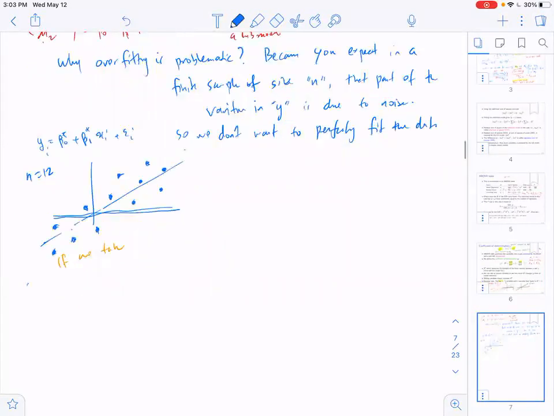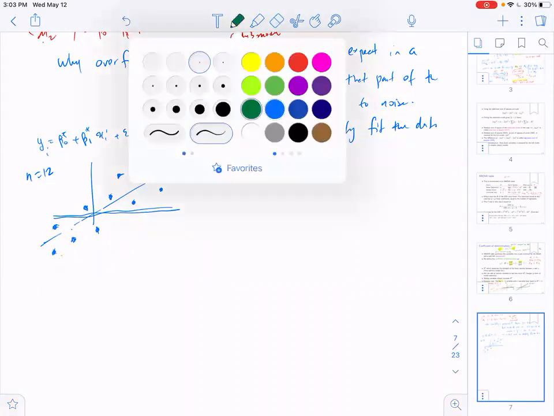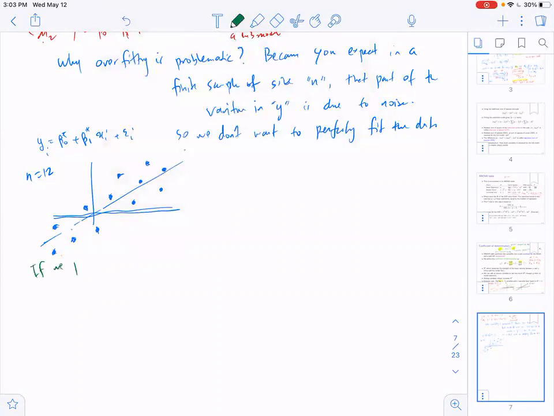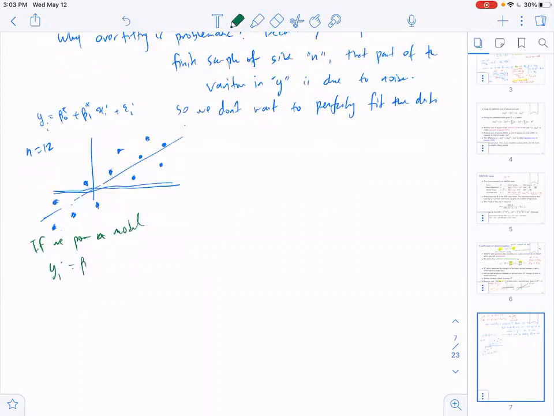Suppose we pose a new model: yi is equal to beta 0 plus beta 1 x1, and I'm going to write it in vector form, Y is equal to X beta plus epsilon.